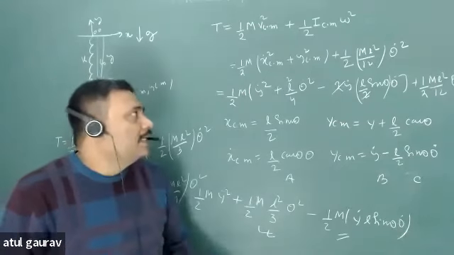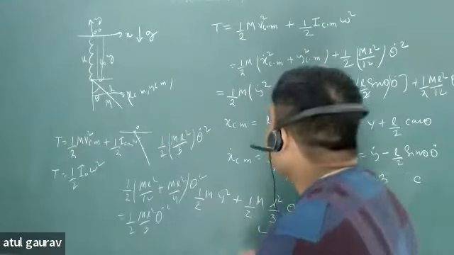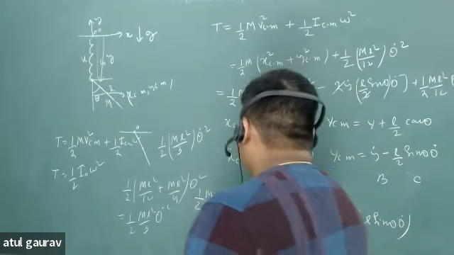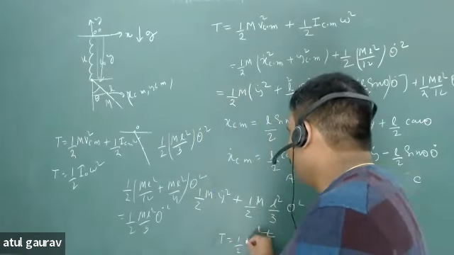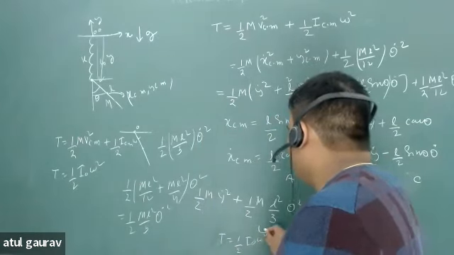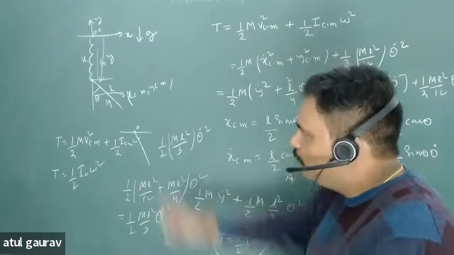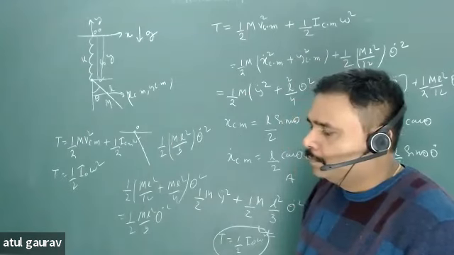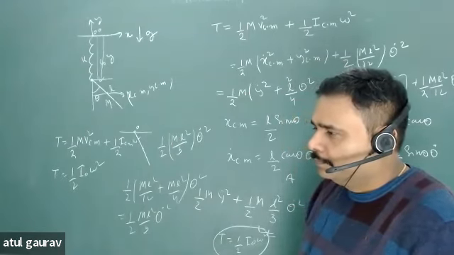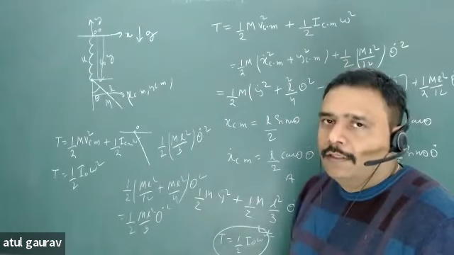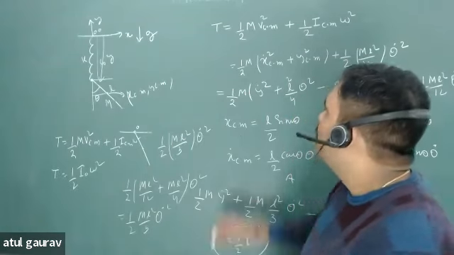So in this case, can you take this expression, T is equal to half I_O omega square? Can you take this expression here for this problem? No, sir, you cannot take it.